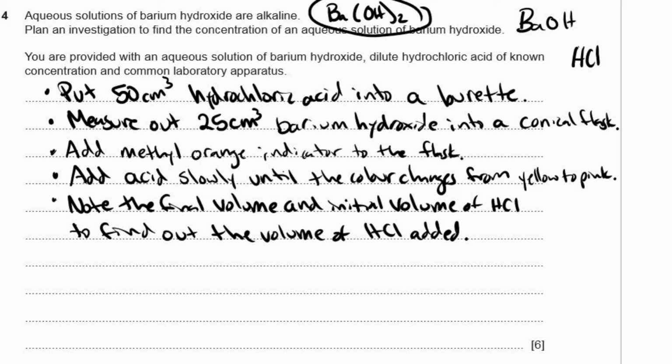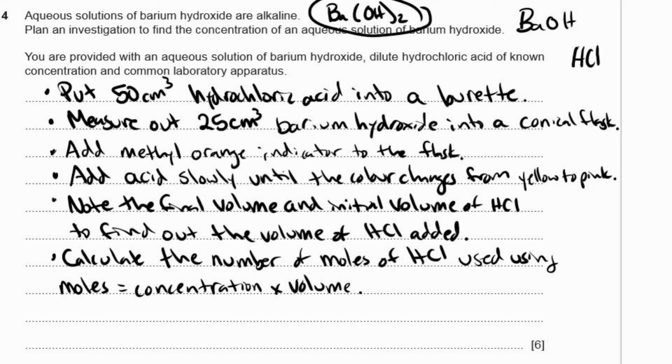Okay, once you've figured out the volume of HCl added, you can calculate the number of moles of HCl used. You already know the concentration of the HCl. It's given to you. So calculate the number of moles of HCl used using the formula moles equals concentration times volume. And you can figure out the number of moles of barium hydroxide using the mole ratio in the equation. You don't need to write out the mole ratio because they didn't ask you to write out the equation.